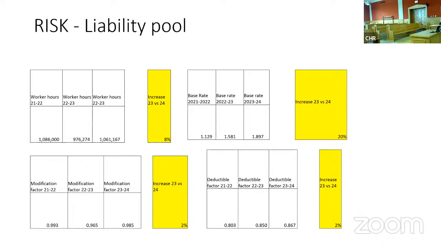But they come up with the base rate, and it has gone up drastically. If you'll notice, it went from 1.129 to 1.581, and for this model, it's going up to 1.897. That is a factor of the excess policies that they're having to procure having gone up over 100% on some of them.